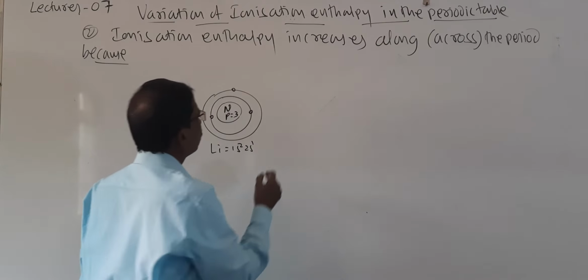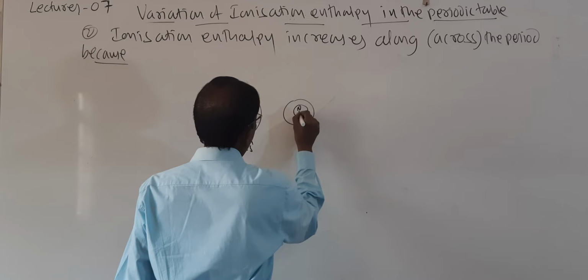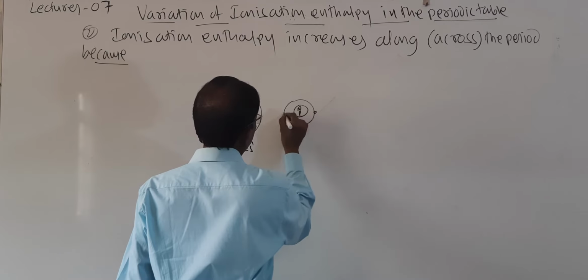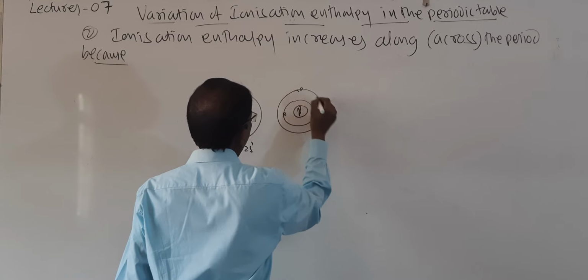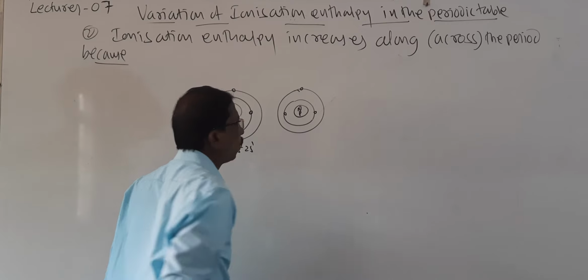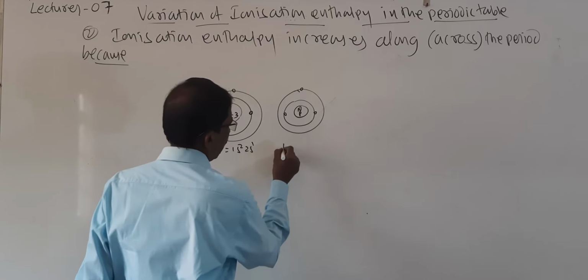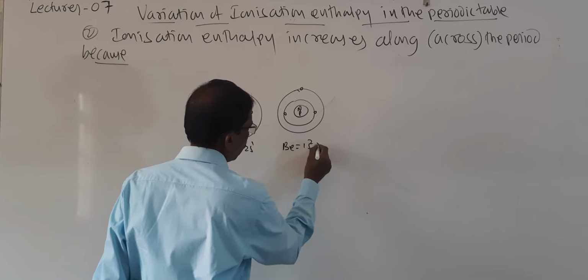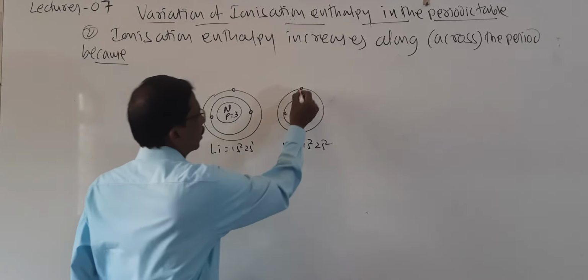Then if you go along the period, next comes beryllium, 1s2, 2s2. Look here, students, it has 2 electrons.